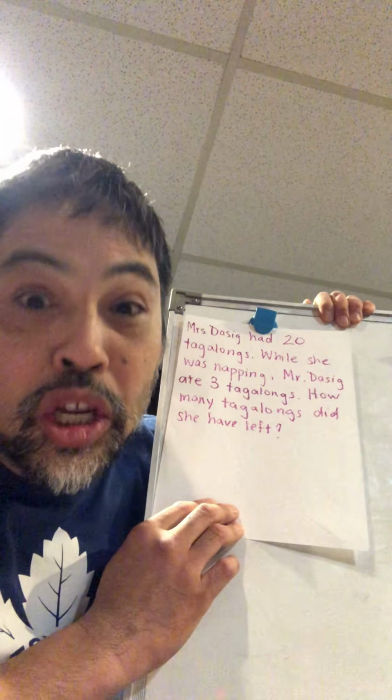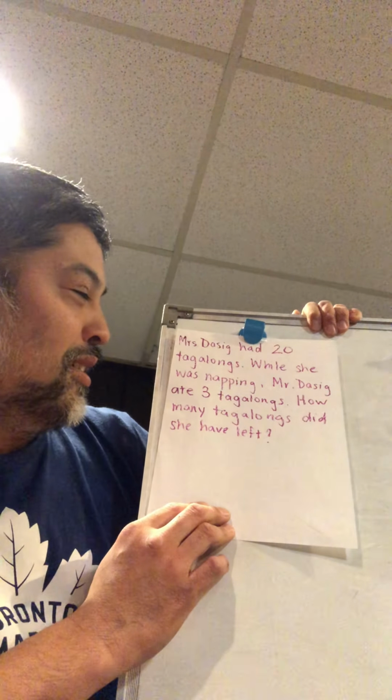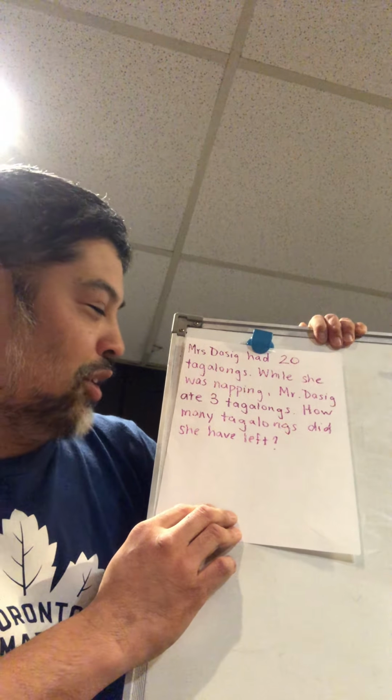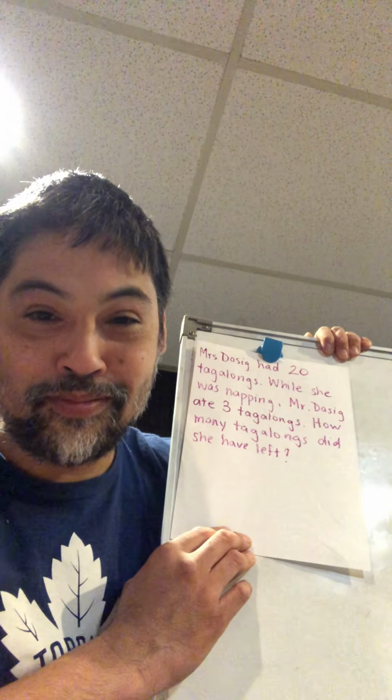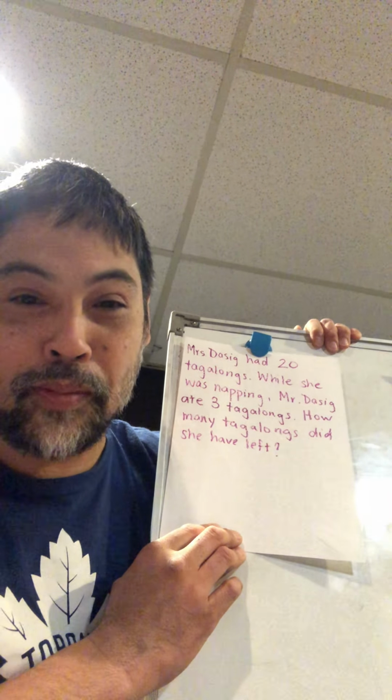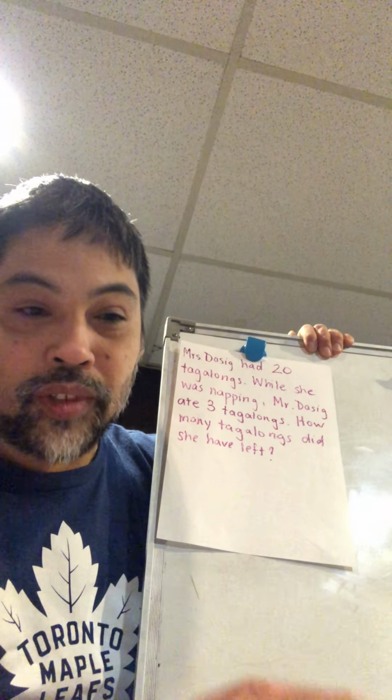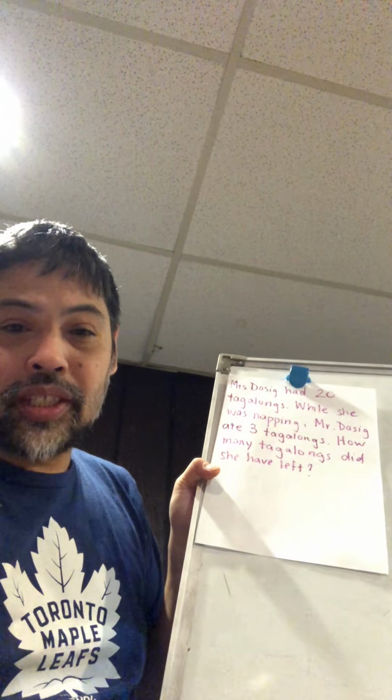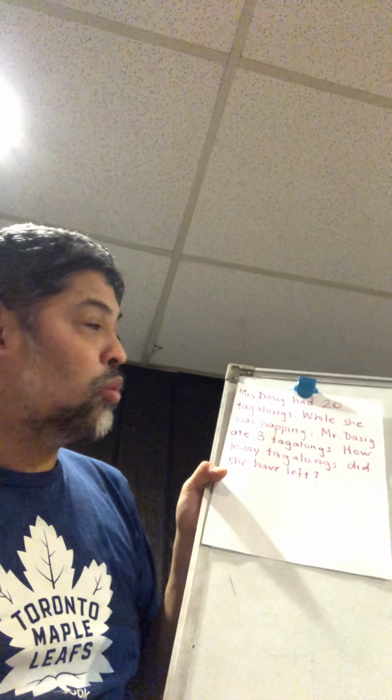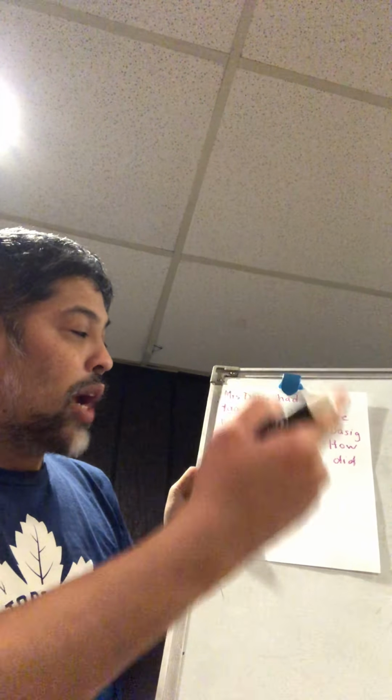Mr. Dasig ate 3 Tagalongs. How many Tagalongs does she have left? She was pretty mad when she woke up. But let's find out. Okay? So, we want to subtract. This is subtraction because we're trying to find out how many she has left.